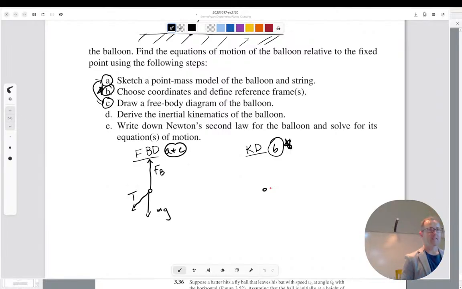But there's different options, but the kinetic diagram is always based on what coordinates you choose. One way to do this is, I like Cartesian coordinates, so I'm gonna use Cartesian coordinates. And I just, by God, I'm gonna have an MAX and I'm gonna have an MAY.